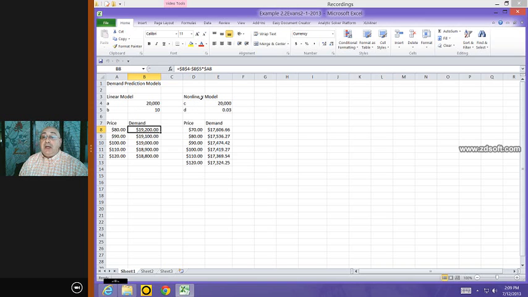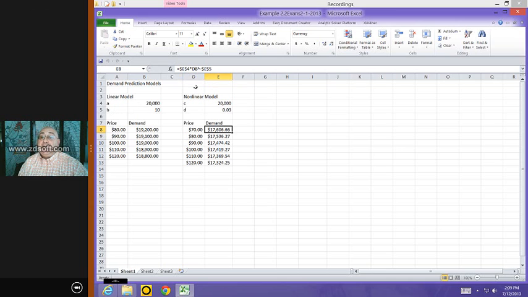Also, if we look at the nonlinear model, we start out with 20,000, but in this particular case, our variation here is going to be 0.03, not 10. And so, although the relationship is not linear, it's nonlinear. We start out with a price of $70, and the demand here again is $B$4, which is this one, started at 20,000, times D8.